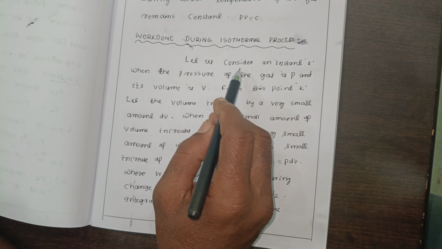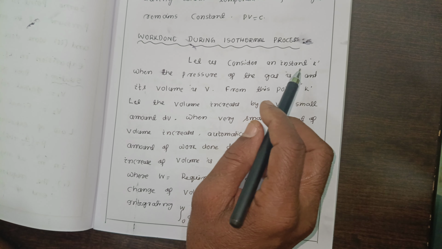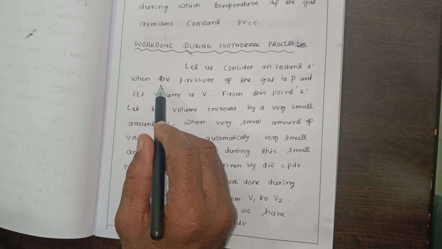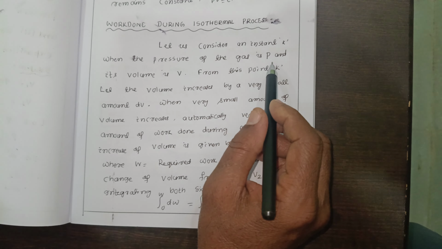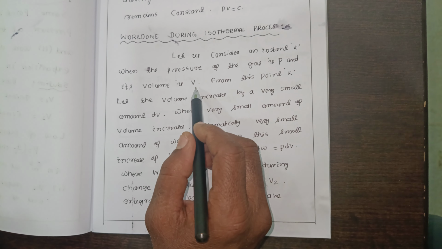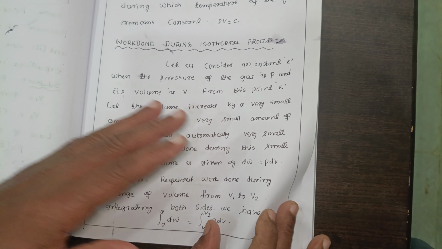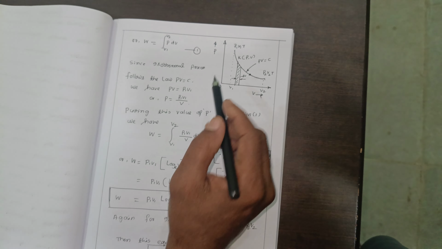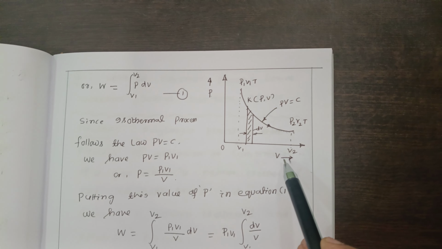Now let us consider an instant K when the pressure of the gas is P and its volume is V. It has been shown in the figure. This is the pressure volume diagram.